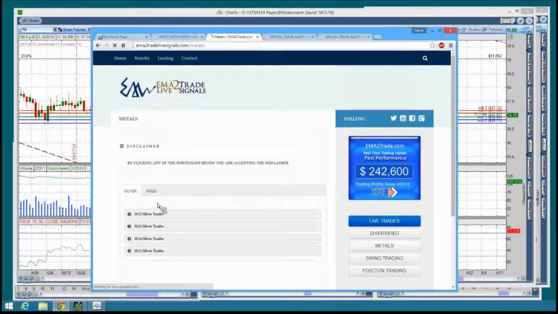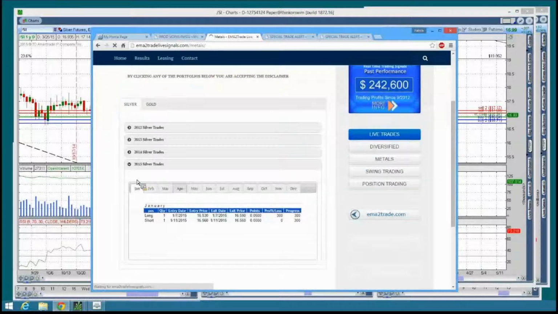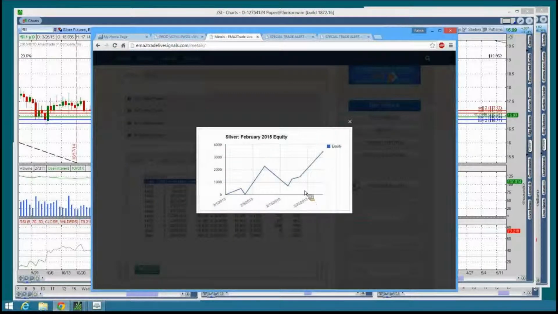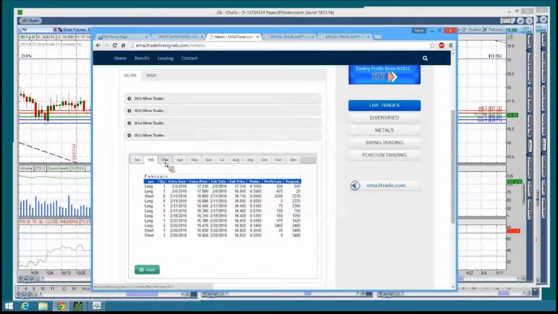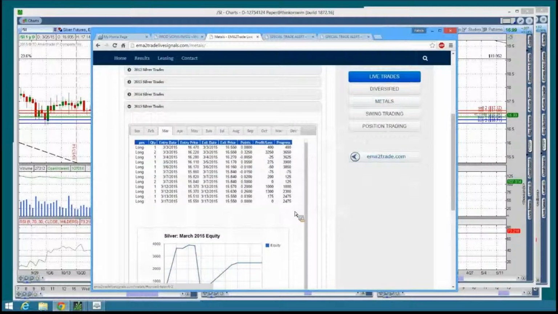And in silver, once again, you can see that we made $300 in January. February, we made about $34.85, and you can see the equity curve is pretty impressive. In March, we are up so far about $2,475.